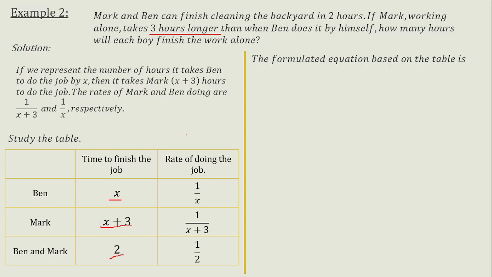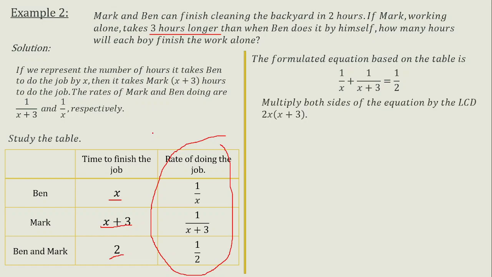The equation formulated based on the table uses plus to make the equation, the rate of doing the job. So it becomes 1 over x plus 1 over x plus 3 equals 1 half. Then multiply both sides of the equation by the LCD.